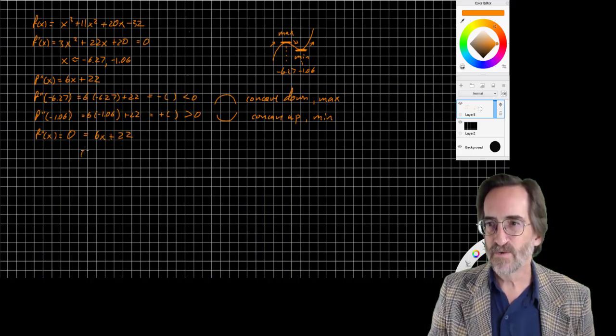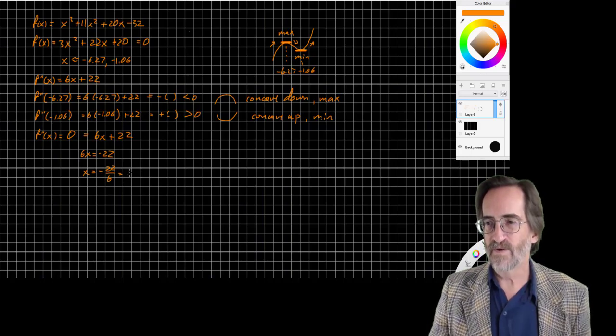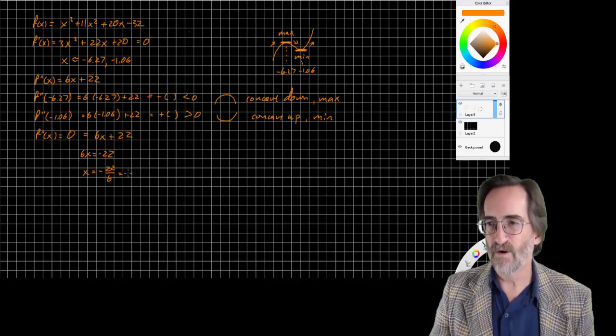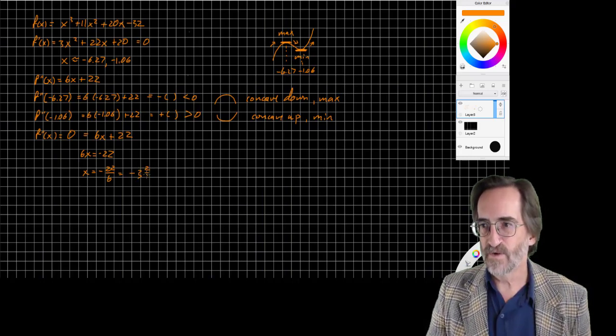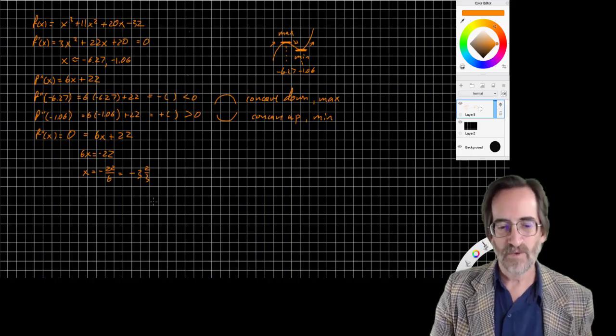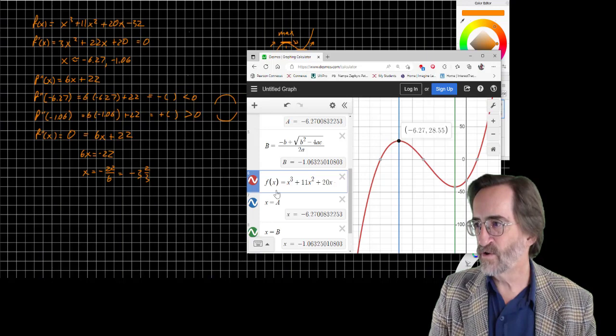Subtract 22: 6x equals negative 22. x is negative 22 sixths. As a mixed number, it's negative 3 2/3.